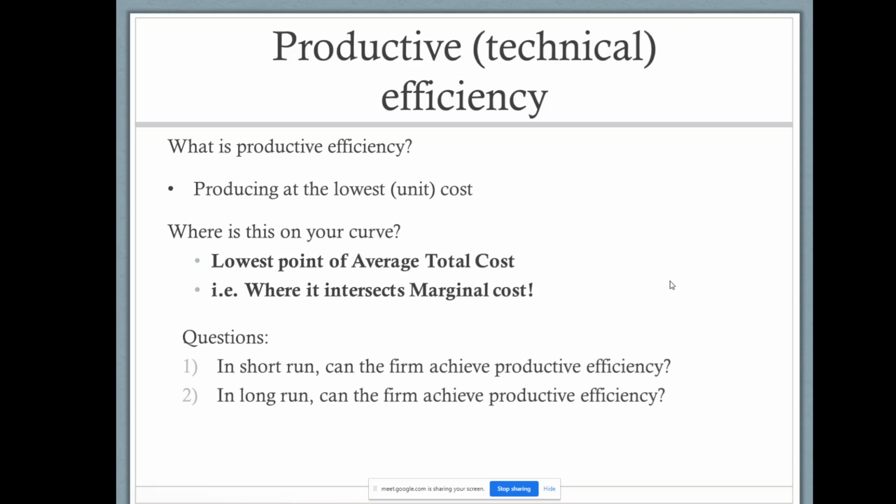With that being said, in the long run, are we able to get productive efficiency? Yes, of course we can, because in the long run, all the firms that are still remaining in the market are all earning normal profits. So we have this conclusion here.